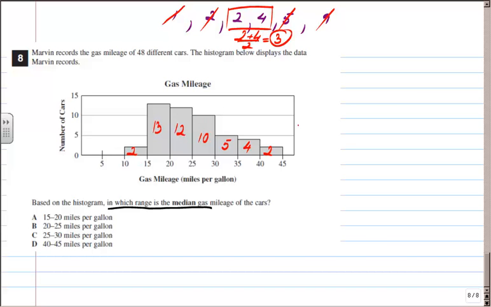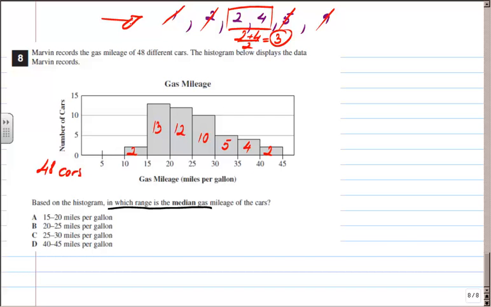If you think about it, all of these numbers together: 2 plus 13, that's 15. 15 plus 12 is 27, plus 10, 37, plus 5, 42, plus 4, 46, and plus 2, 48. So we're dealing with how many cars? 48 cars.